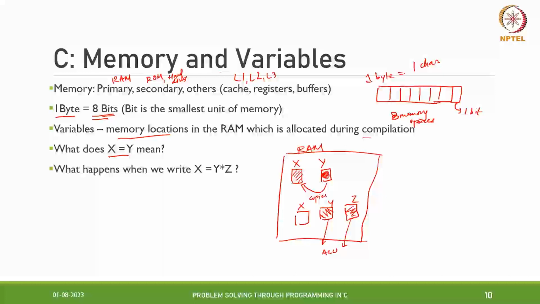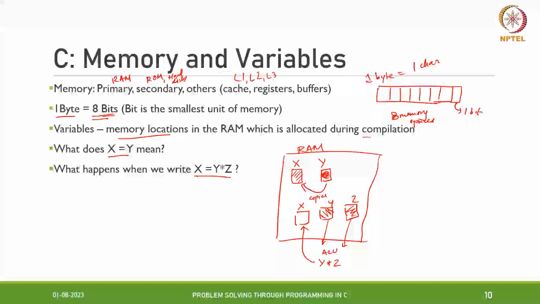The ALU will do a multiplication operation on the values obtained from the memory locations of y and z. This value it will store in the memory location of x. So that is what happens in the background when I write x equals y into z.